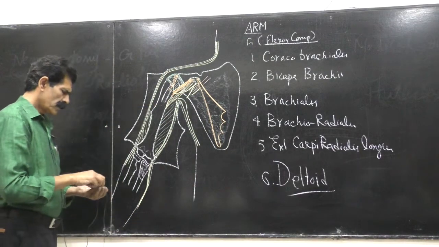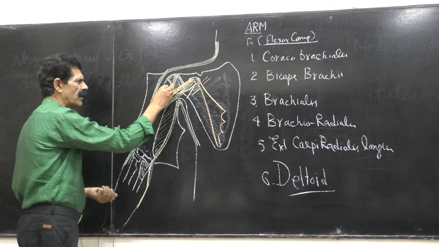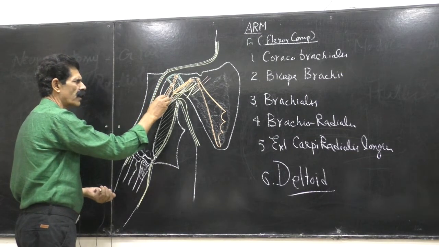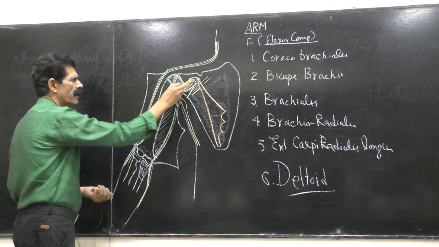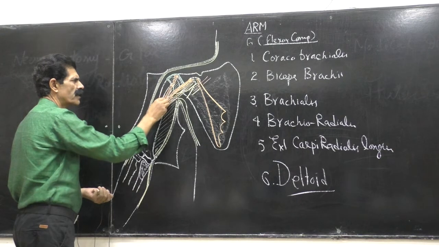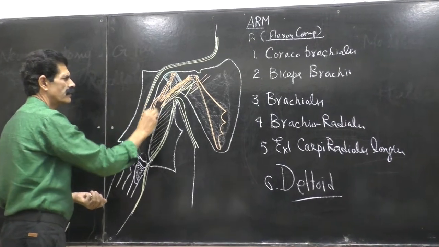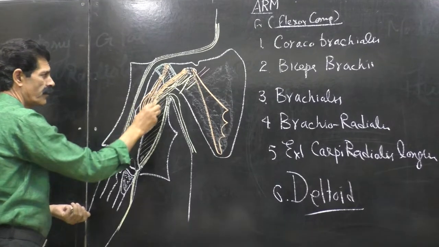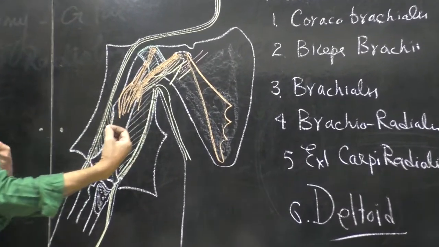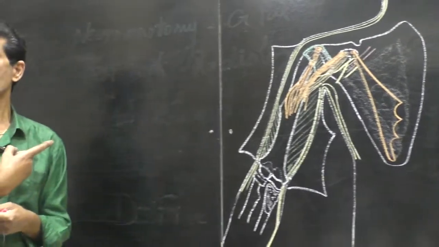After running in the bicipital groove for a while, at the lower end of this bicipital groove, the long head of the bicep comes out, and the short head is waiting for it. Both the brothers meet together to form what is called the bicep. This thickness of the front of your arm is called biceps brachii.